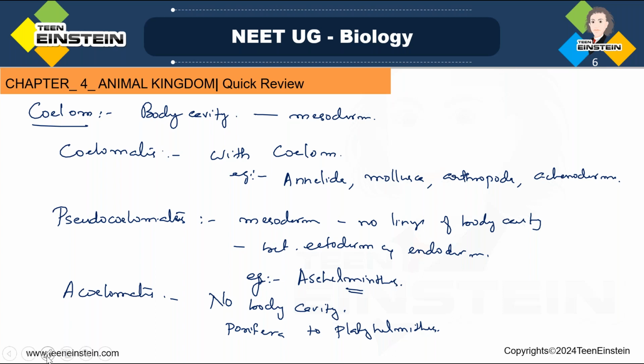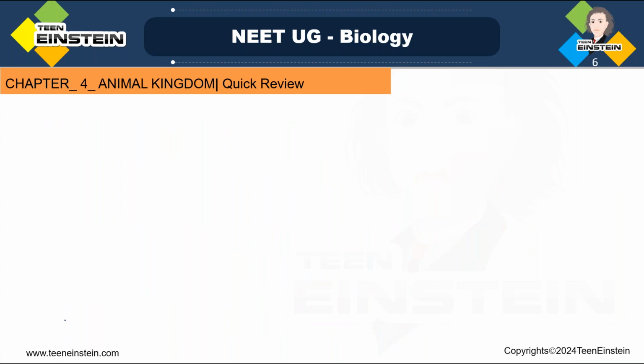And next feature which we are going to consider is segmentation, body segmentation. If you are saying this is the body segment, that is a serial repetition of similar parts of the animal.